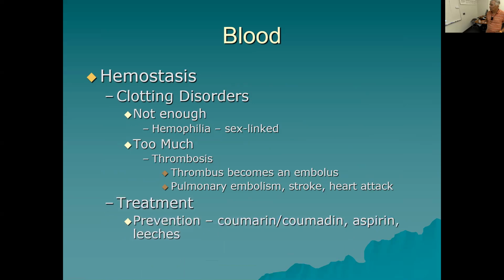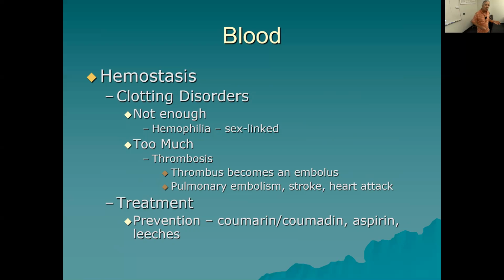There are ways to treat that. There are anticoagulants called coumarin, which is really rat poison. Aspirin helps because aspirin inhibits the formation of eicosanoids, and thromboxane A2 is one of the eicosanoids. Leeches have an anticoagulant in their saliva.